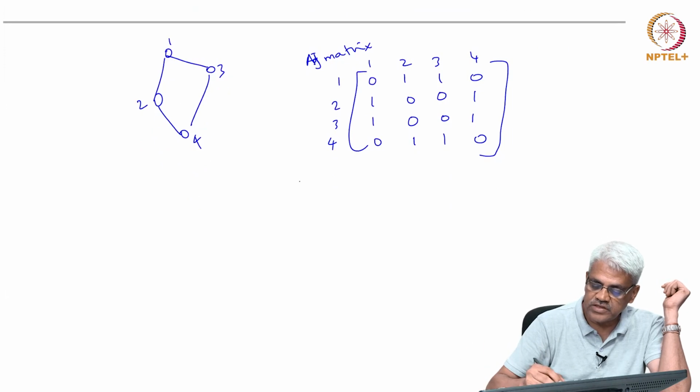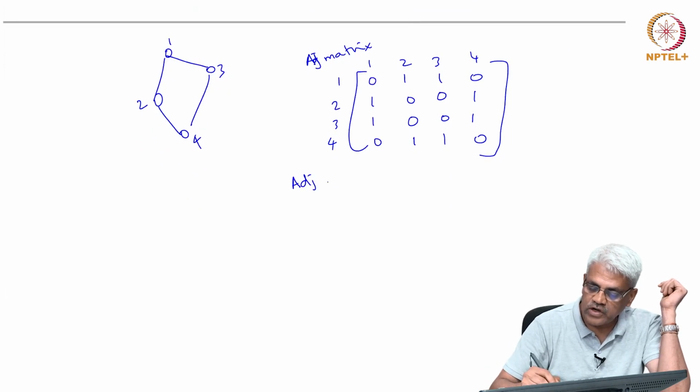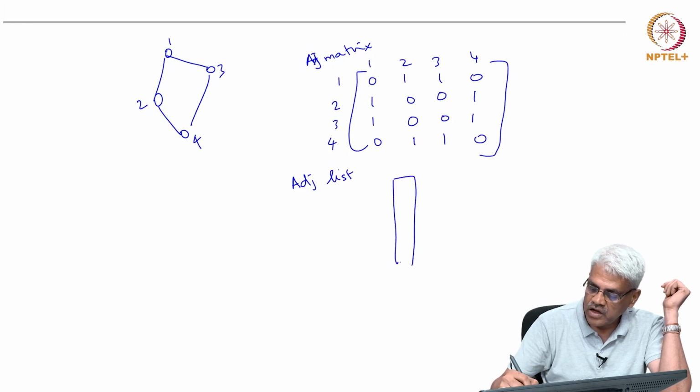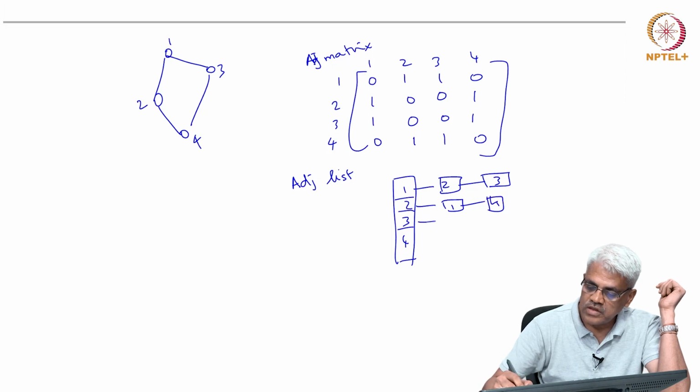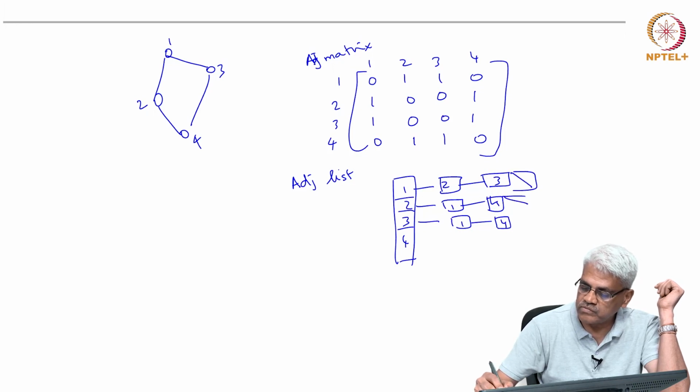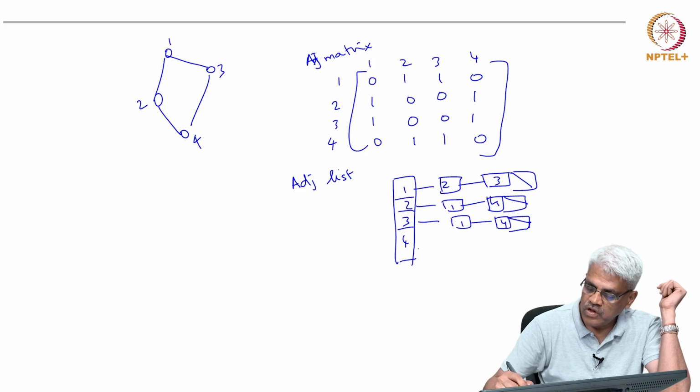And the adjacency list, it's important to do some examples, will look like this: 1, 2, 3, 4, and 1 will have 2 and 3. 2 will have 1 and 4, 3 will have 1 and 4, and maybe some nil pointer. 4 will have 2 and 3.